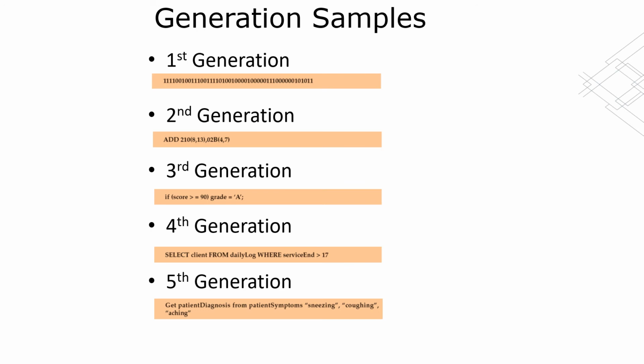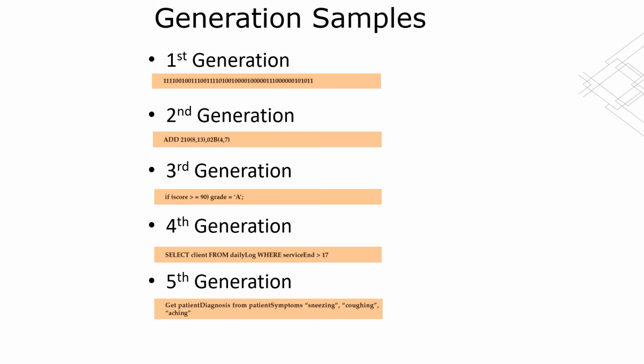The fourth generation language requires less training than the third generation language. It's what they call the query language. SQL is one example. One example over here is select client from daily log where service end greater than 17.